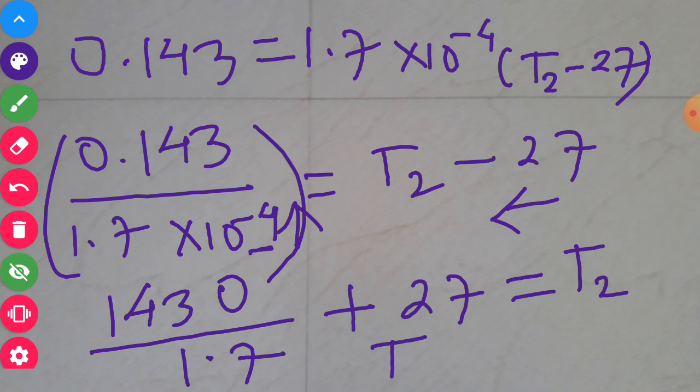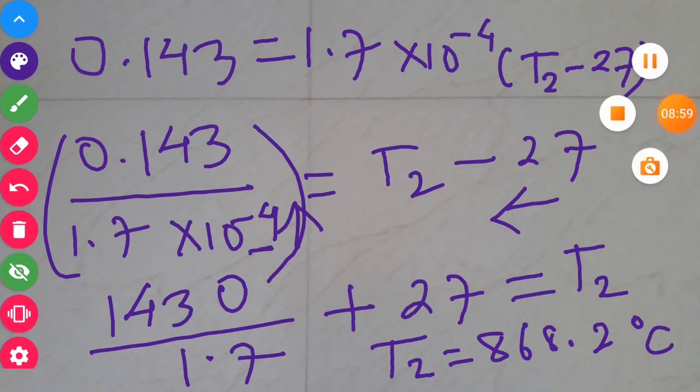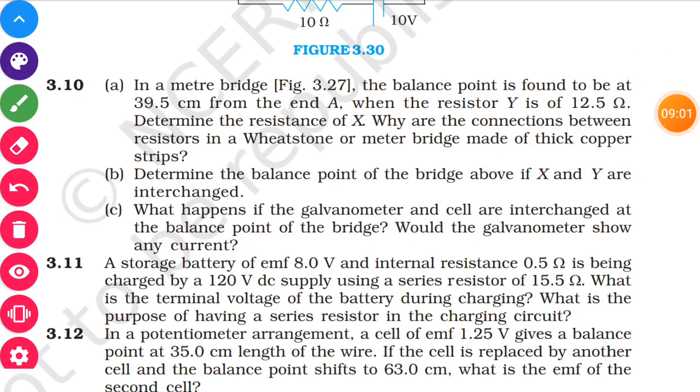So the T2 finally you will get is 868.2 degree Celsius. So the calculation part you can understand easily. Now we talk about the numerical number 3.10.